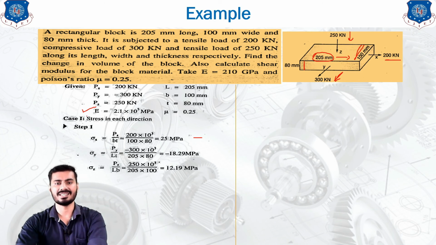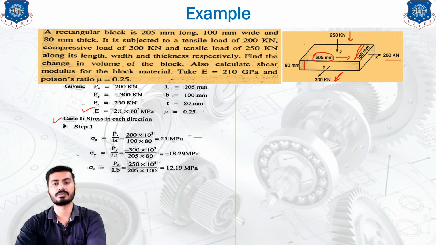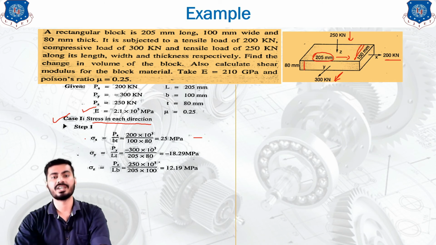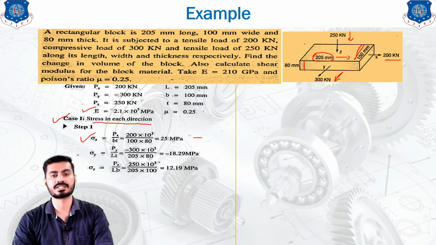Now stress in each direction should be found first. We have the value of the forces in each direction, and the dimensions of the cross-section area are also provided. So we can directly put in the equation of sigma.